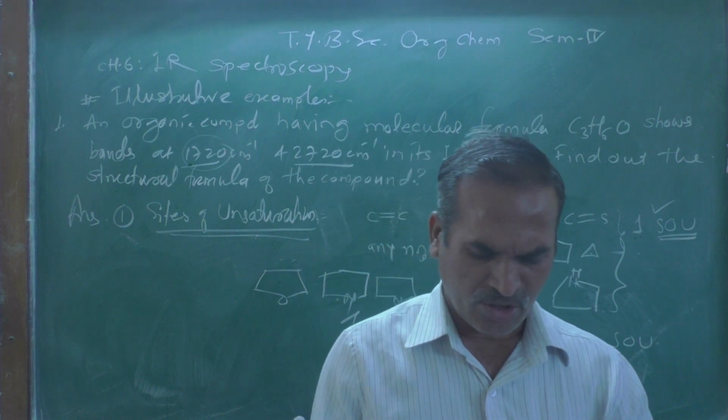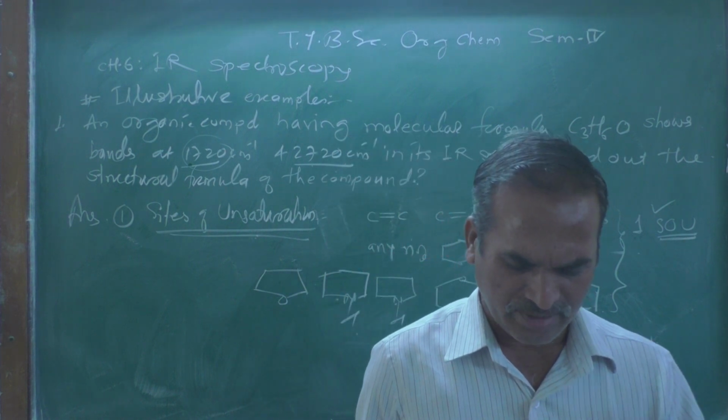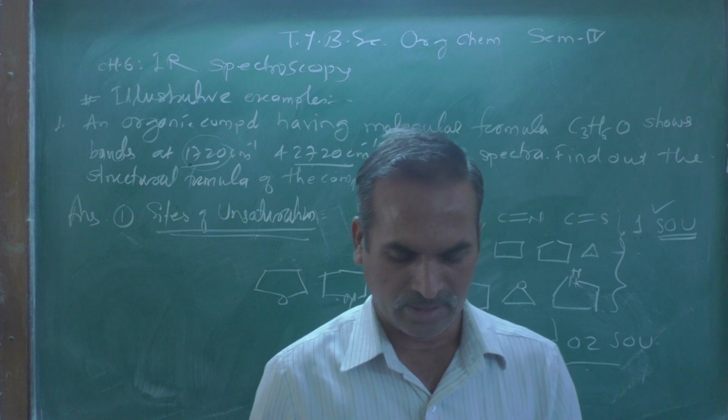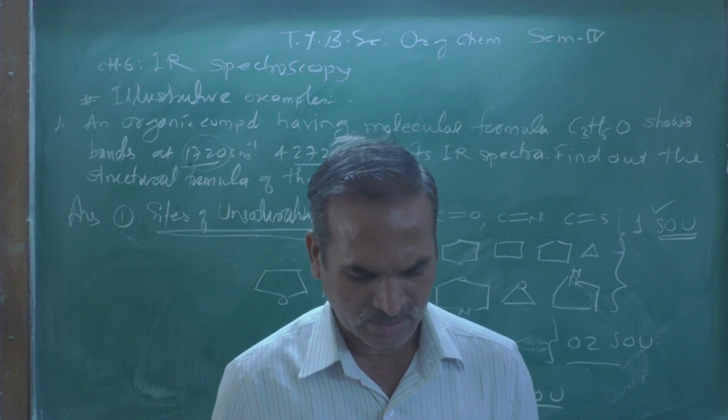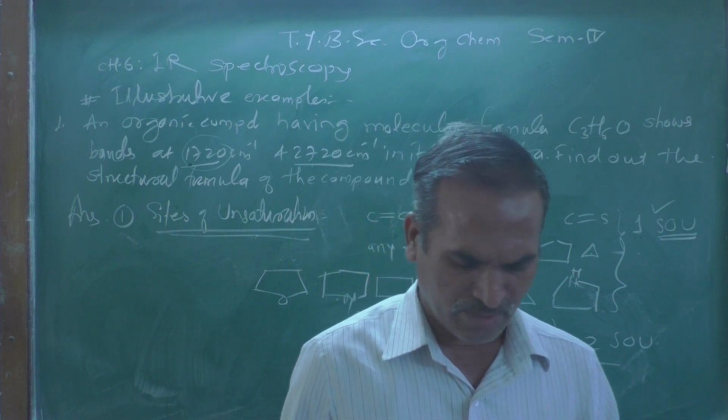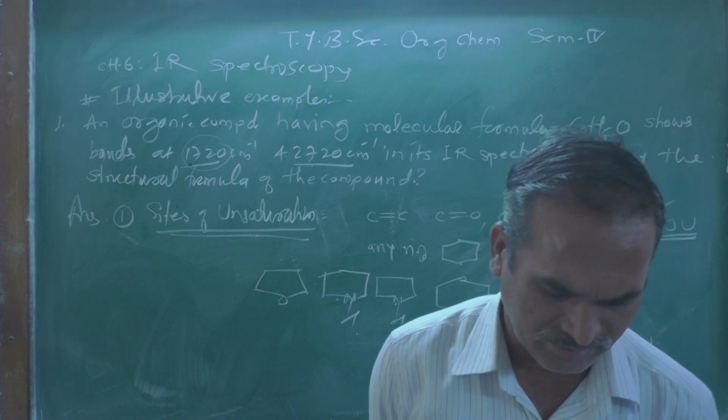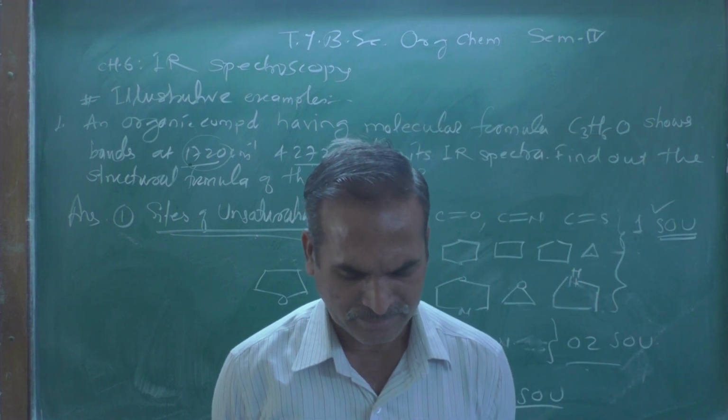The intensity of a signal, that is the area under the signal, gives us an idea about the number of each kind of proton.